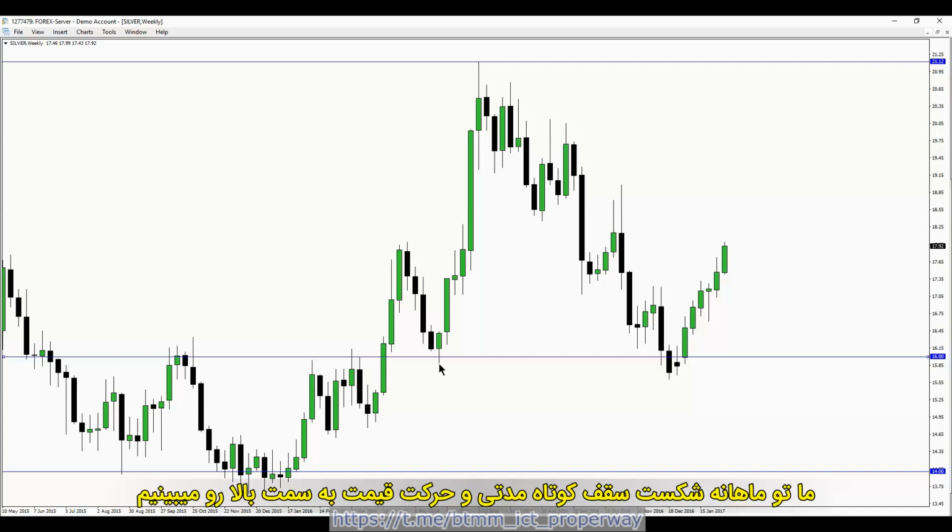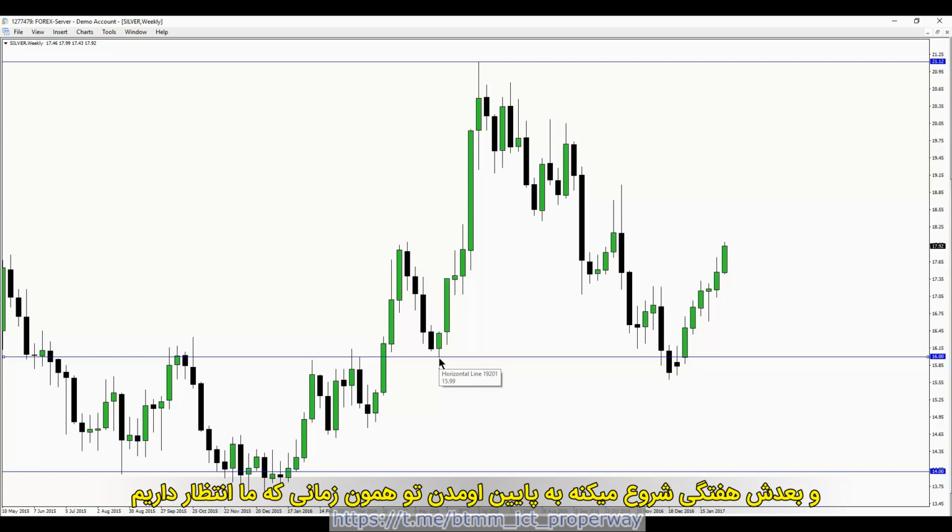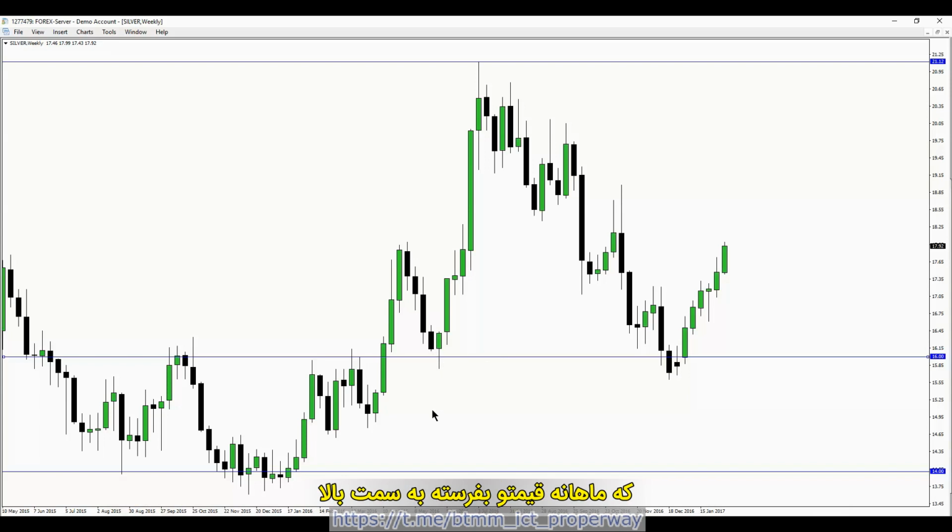Now think about what we were seeing here. We have the monthly breaking a short-term high and price rallying higher through, and then the weekly starts trading lower in the same time that we expect the monthly to send price higher.